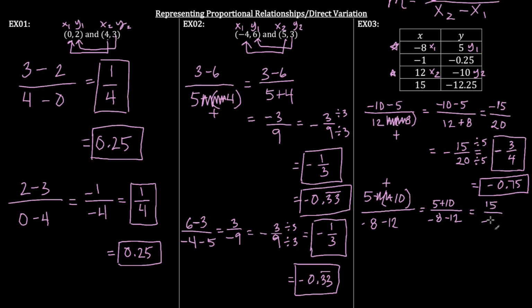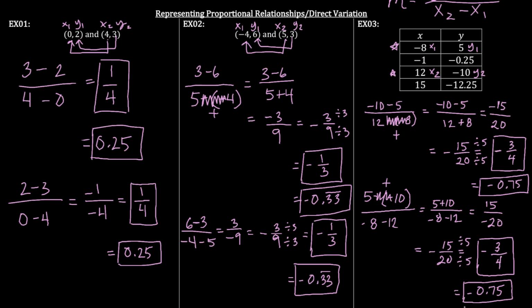Negative 8 minus 12 is negative 20. A positive over a negative is a negative. Here we go again, the same thing. So divide the numerator and denominator by 5. And we get negative 3 over 4, which is equivalent to negative 0.75, or negative 75 hundredths.